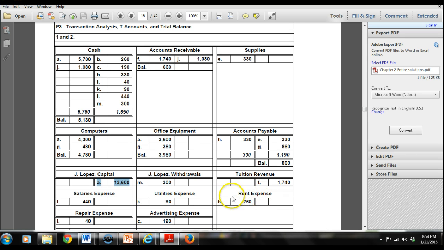Do you see down here, rent expense B is a debit, and we'll credit cash for $260. So you'll have in the credit section B 260, and rent expense will be a debit B 260.